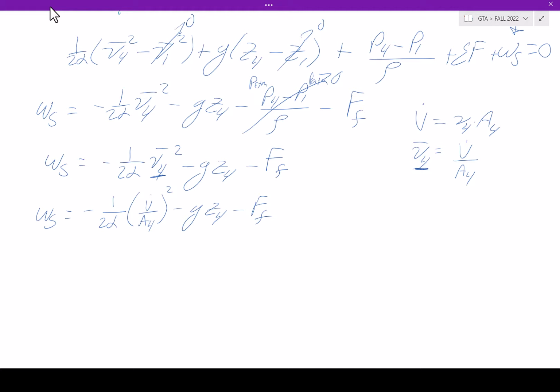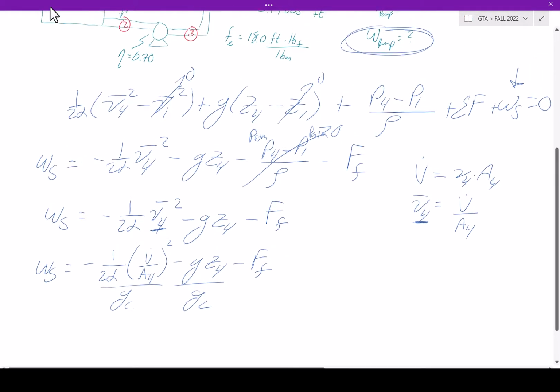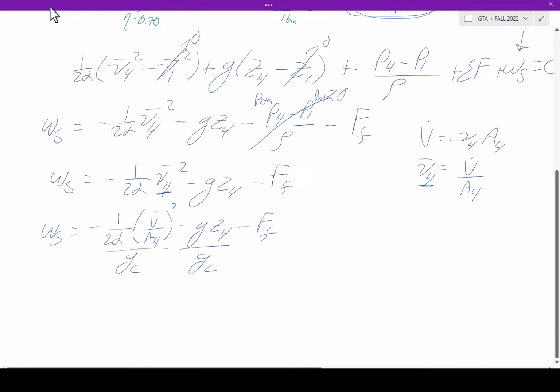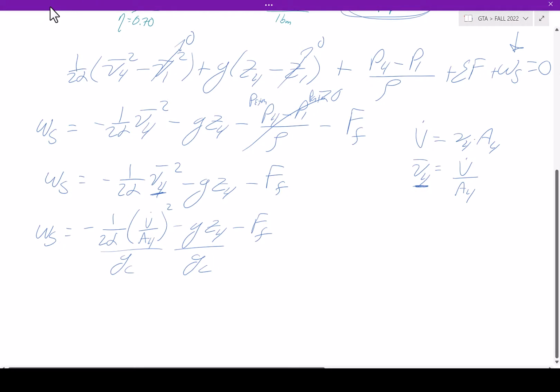We're using English units here, and it's much easier to use a shortcut that the book does: it divides these terms by g, a gravitational conversion constant. By dividing these terms by essentially 32.2, it allows us to use the frictional term by itself.